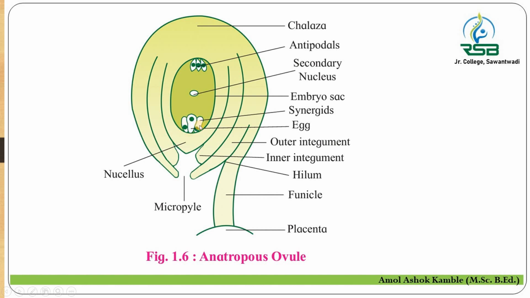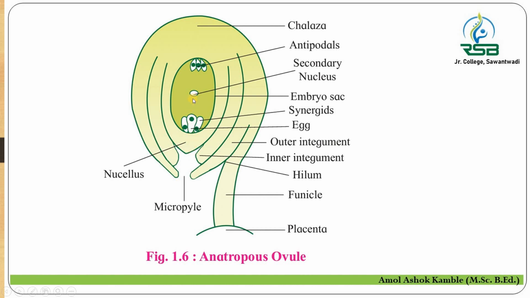Then the synergids are there. These synergids are in a supportive role, and after the process of fertilization, these synergids degenerate. But these synergids have the filiform apparatus, and that filiform apparatus attracts the pollen tube during the fertilization process, which comes from the micropylar end.